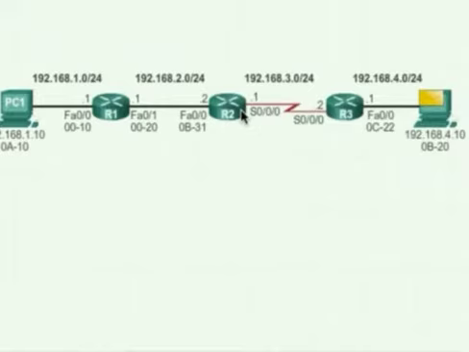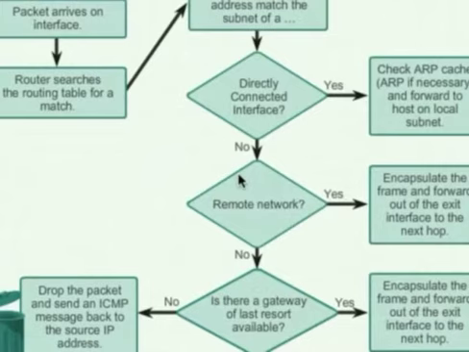Here is the switching function of a router. Here we see a diagram that summarizes all the steps that we have previously seen. As we see, the packet arrives on the interface. Next, the router searches the routing table for a match, as router 1, router 2, and router 3 have done.